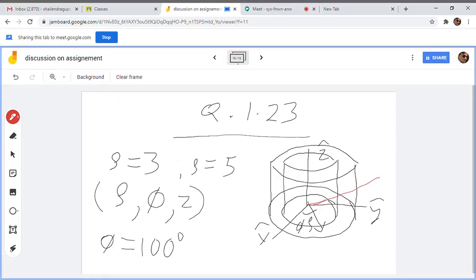Okay, this is a plane which will be cutting the upper part of the cylinder as well. Let me just draw this. Okay, then it is saying that another plane is at phi is equal to 130 degree.